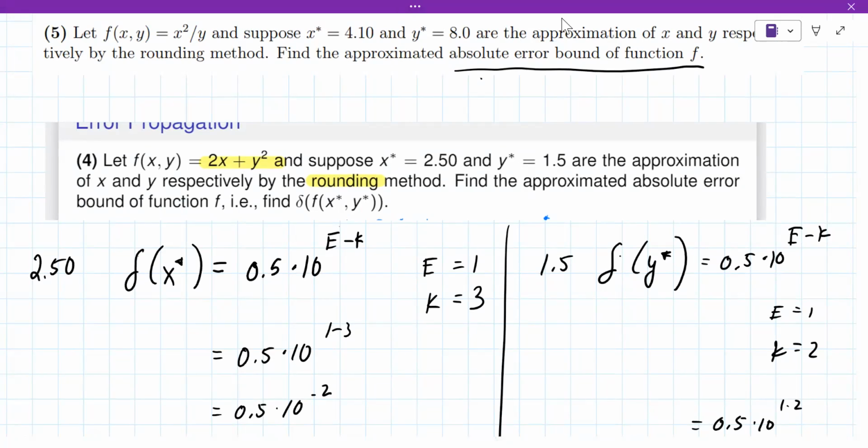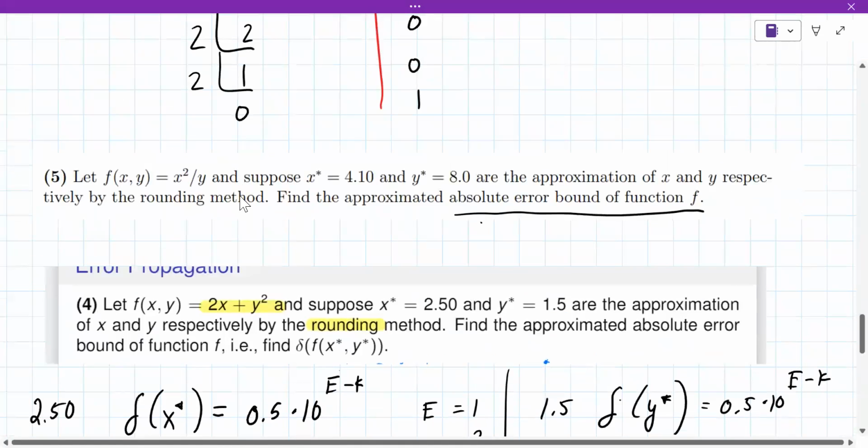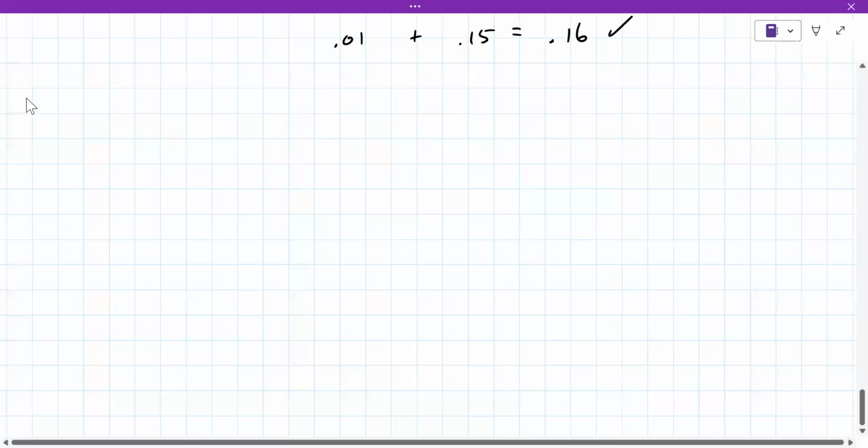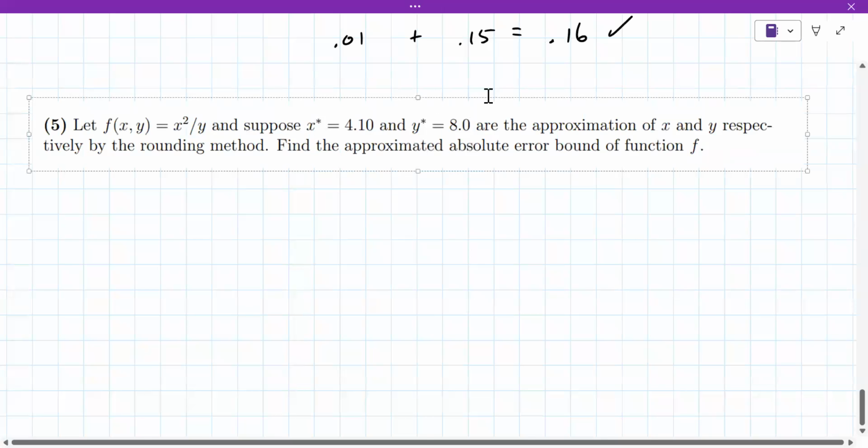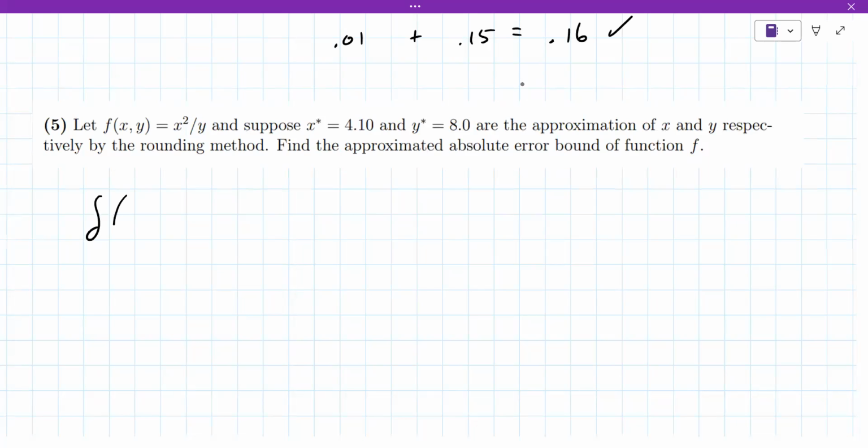All right. Now we can go and do your problem. It's basically the same thing. Okay, so we got to find delta x star, which is 0.5 times 10, and then there's one digit left of the decimal minus 3 significant digits.